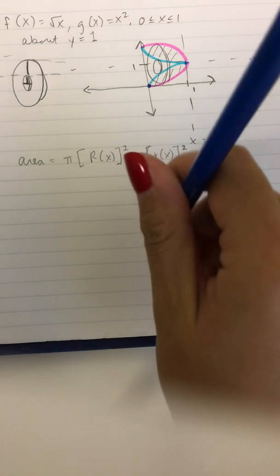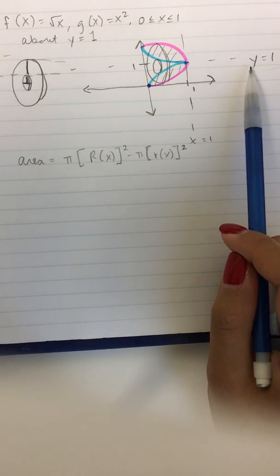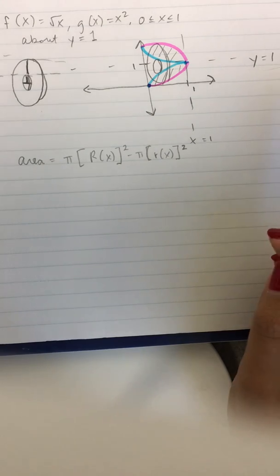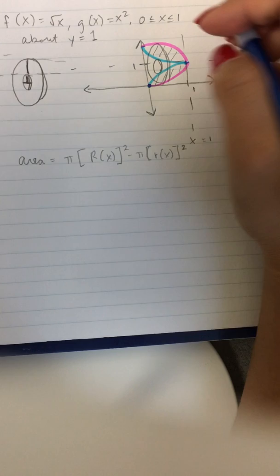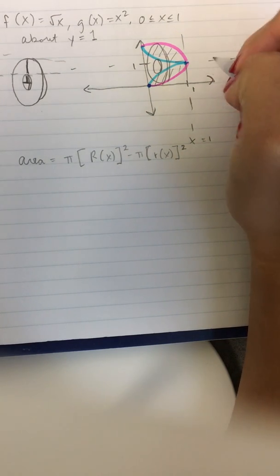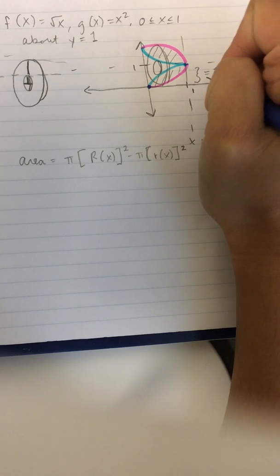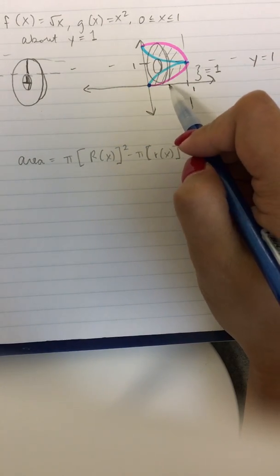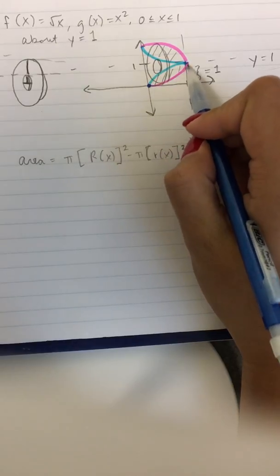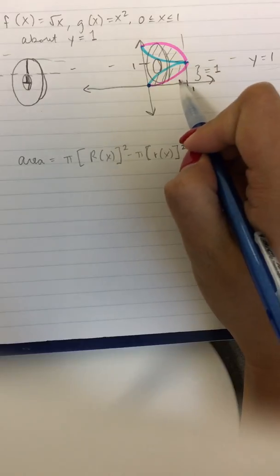So, since we're rotating about y equals 1, it's not going to be just the function. And I'll explain that to you. So this distance, we went up 1, so this distance is 1. Let's find the outer radius first, which would be x squared, the pink curve.